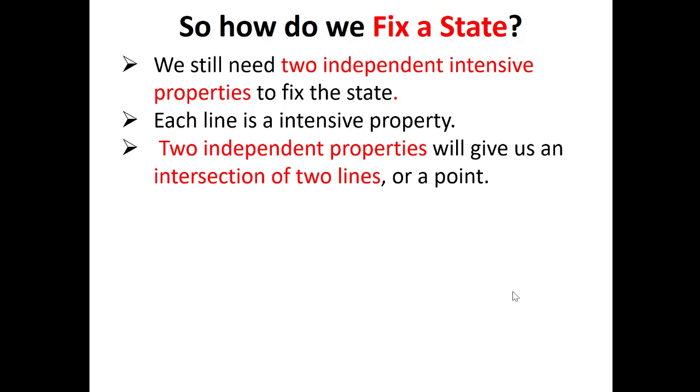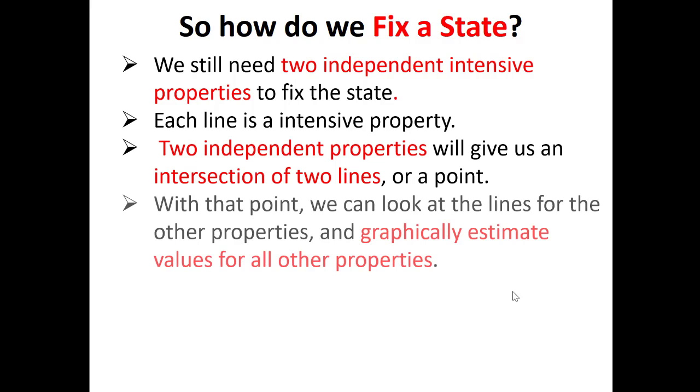Once those two lines intersect, I can look to see what's going on with all the other lines to get some kind of graphical estimation for what the rest of my properties are. It'd be good if you can print something out and maybe measure things to get some idea if you're not exactly on top of a line.